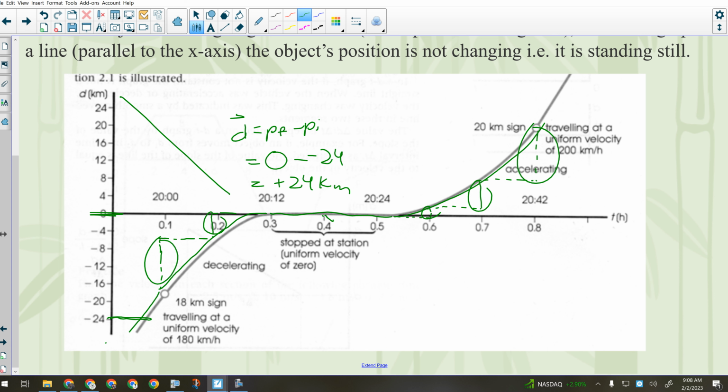That's an object that's moving in a negative direction for a couple of reasons. First off, I can see that the position is becoming more and more negative. Even though it's still positive the whole time, it's becoming more negative. And secondly, if I calculate the slope of that line, would it be a negative number? Then it's definitely going in a negative direction. Okay? These are all little simple analytical things that we have to be able to do when we see a graph.